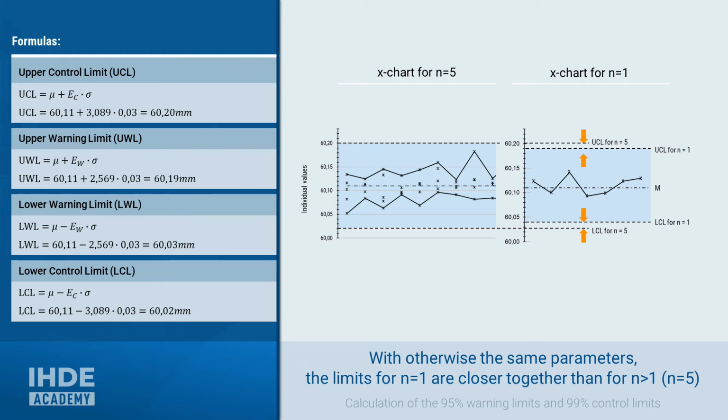If the parameters are otherwise the same, such as the spread, then it can be said that the larger the sample size, the further apart are the limits. A somewhat more precise proof for this was already given at the beginning of this lesson. And if you want to know exactly, I recommend the separate lesson on this again.